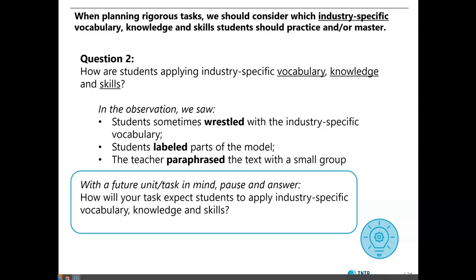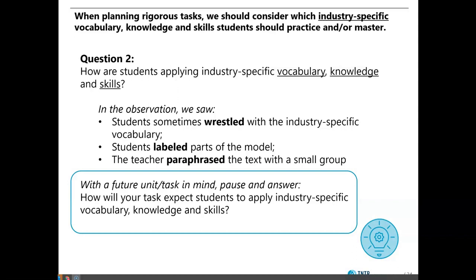And finally, the teacher paraphrased the text at the very beginning of the excerpt that we watched with a small group. So these are different ways that this teacher ensured that students were using industry-specific vocab, knowledge, and skills.